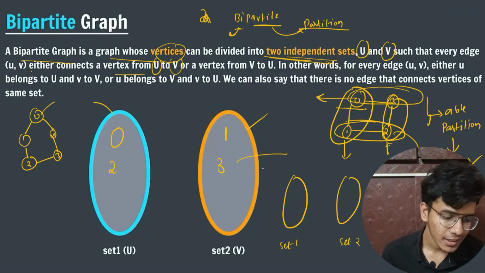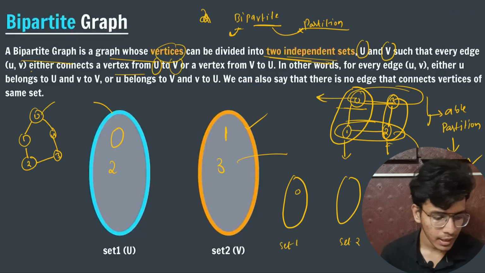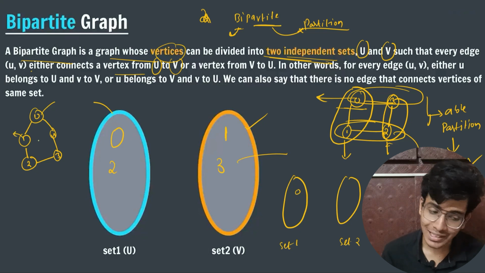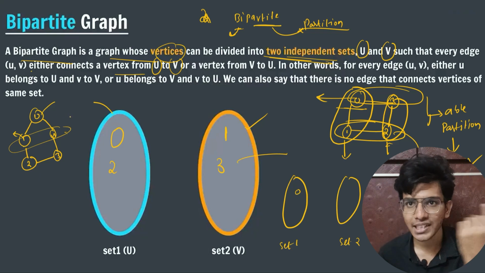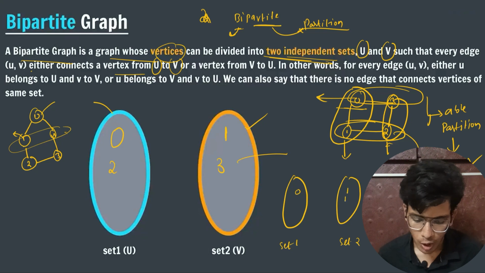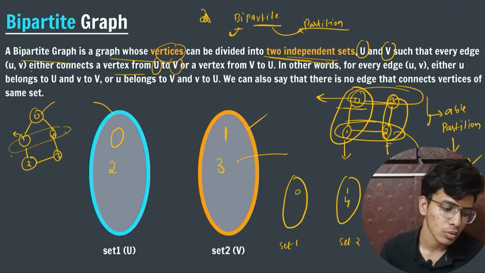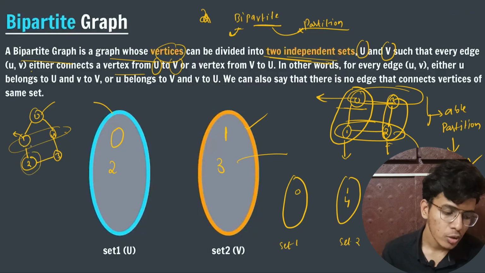Now if I add 0 in set 1, then I should add 1 and 4, these two nodes, in set 2, because for 0 the two adjacent nodes are 1 and 4. So I will add 1 and 4 in set 2. Now if I add 1 in set 2, then I should add 2 in set 1.